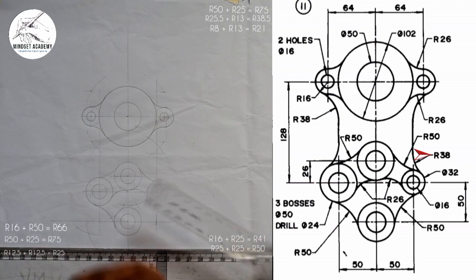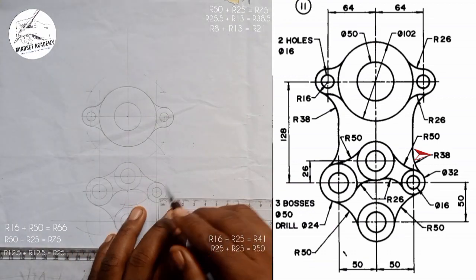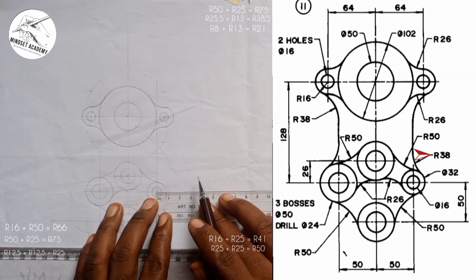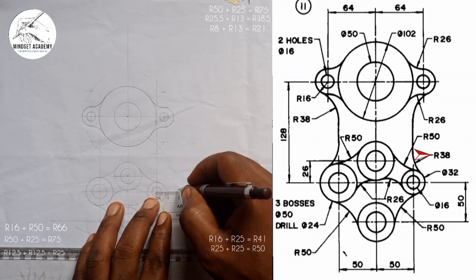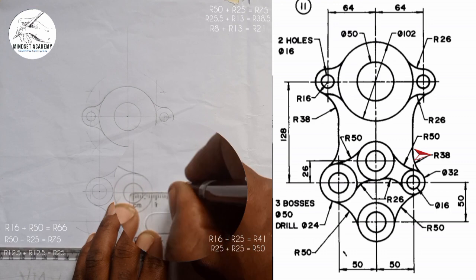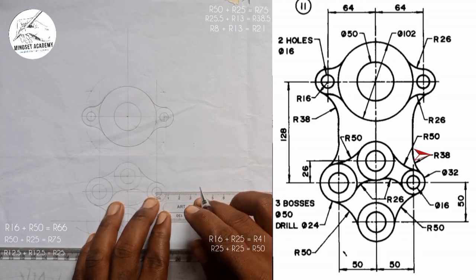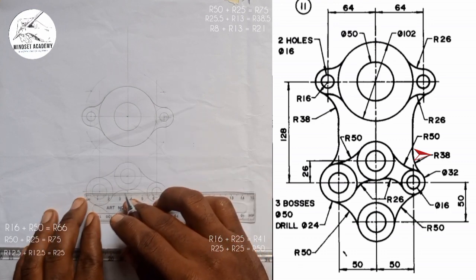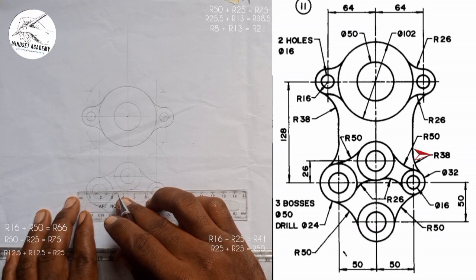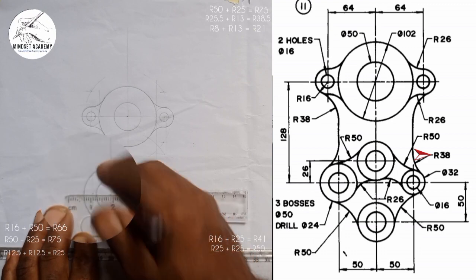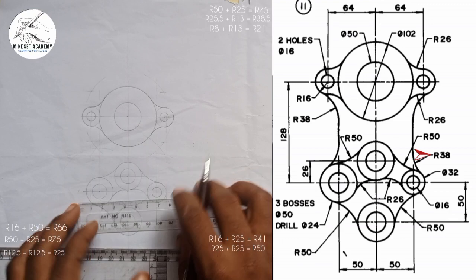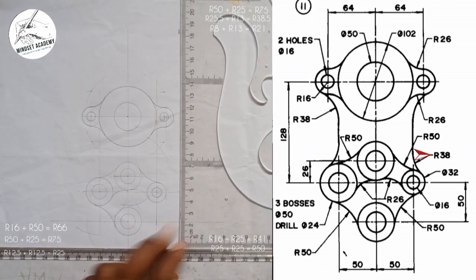So you're going to measure 19 from this point. From here, this is 0, and this is 19. I'm using 19 because I'm using half of the full size. And here also, I'm going to measure 19. So this is another 19. So at that point, I'm going to extend it upward this way.